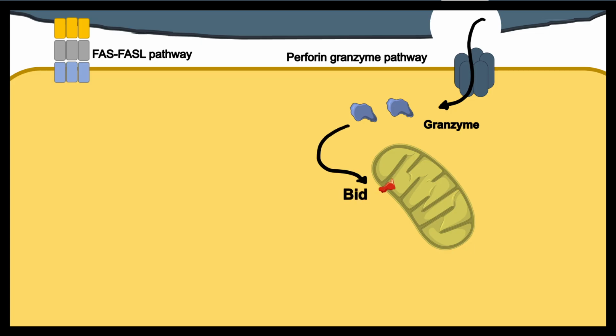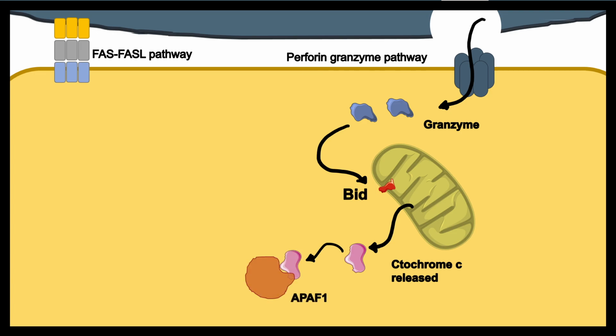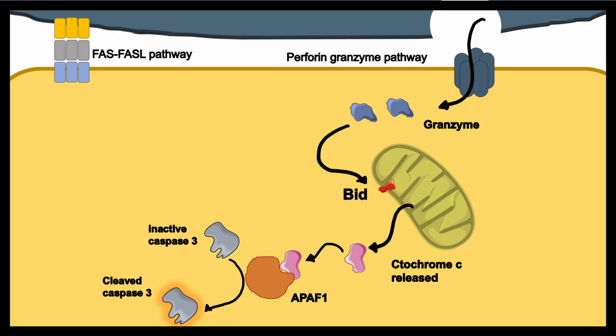So once granzyme is inside, it leads to the activation of BID. That leads to the release of cytochrome C into the cytoplasm. Cytochrome C can activate APAF1, which ultimately activates inactive caspase 3 into a cleaved form, which is the active form of caspase 3.